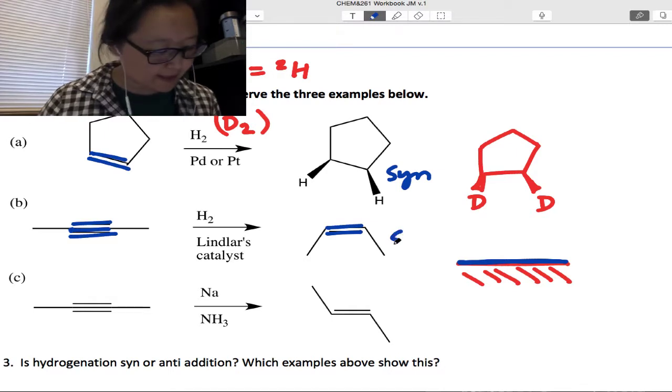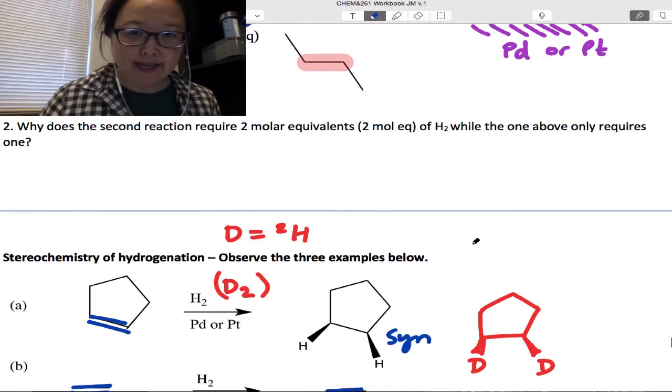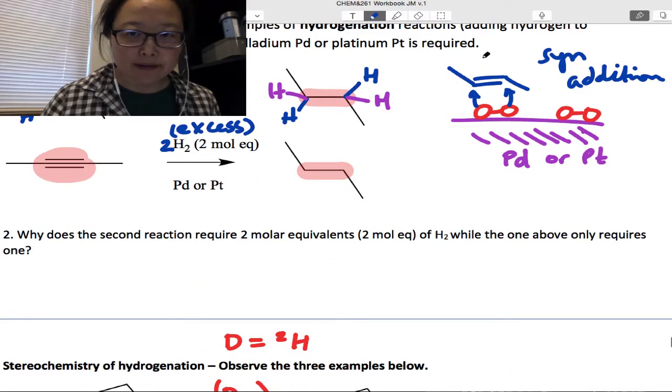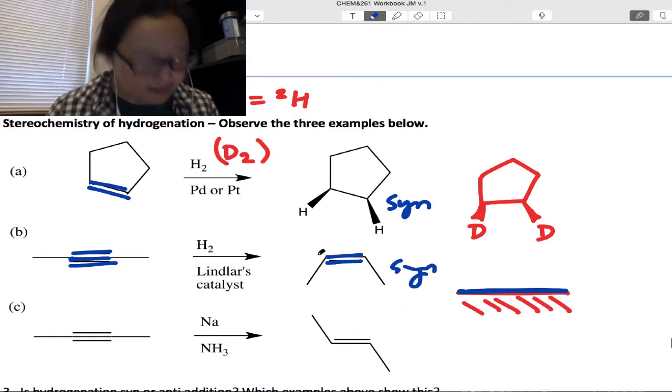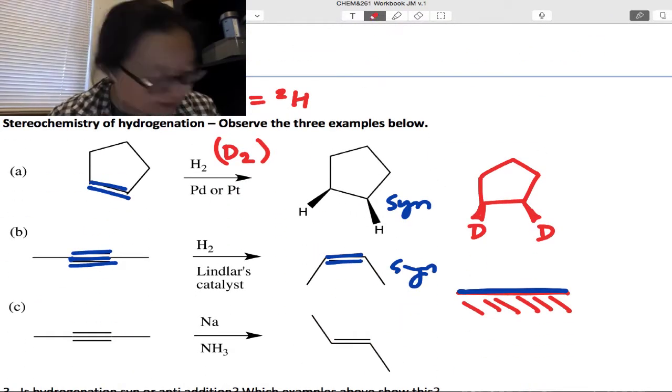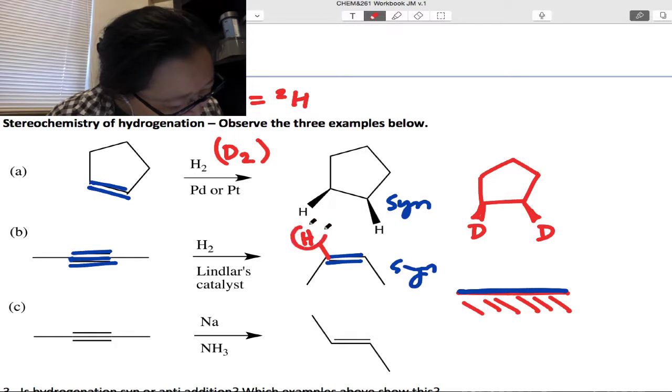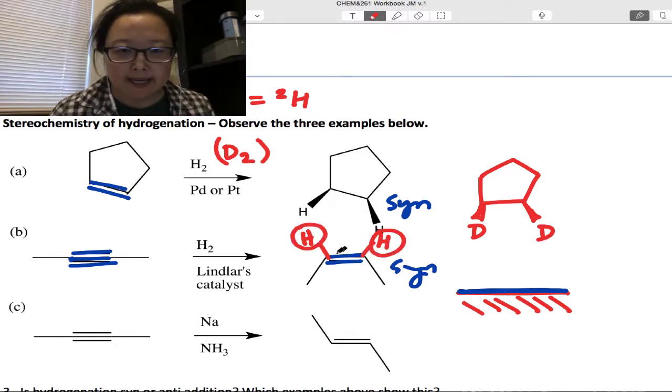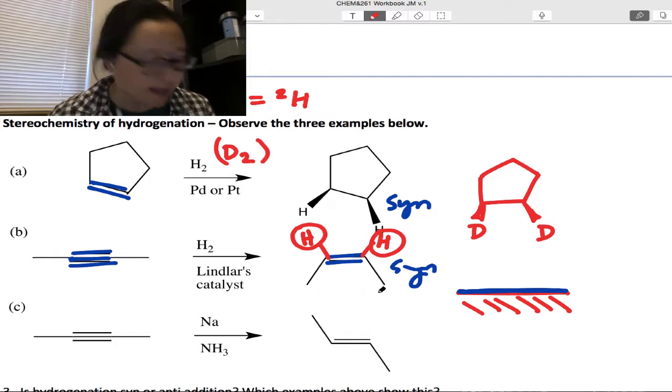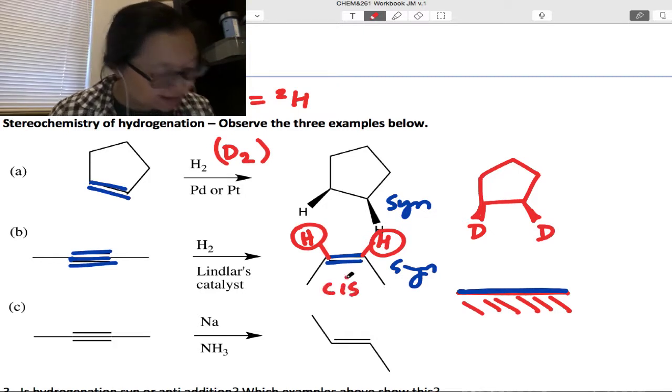This is syn addition as well, because it's basically the same reaction as the one before. This alkyne comes down and then you have the hydrogens adding on the same side. So those hydrogens adding on the same side are right here. So here's one hydrogen and here's the other. And when they're the same side, then the R groups are the same side. So this is a cis alkene that forms.